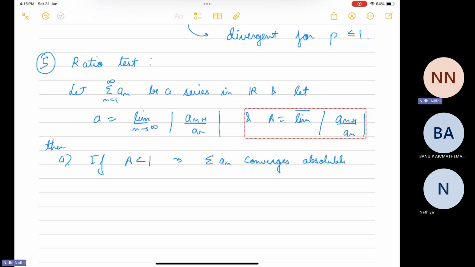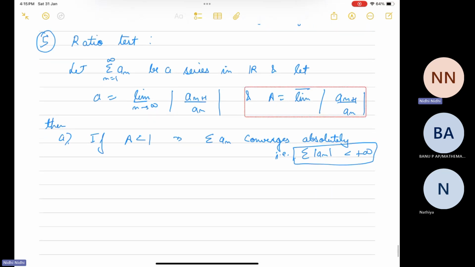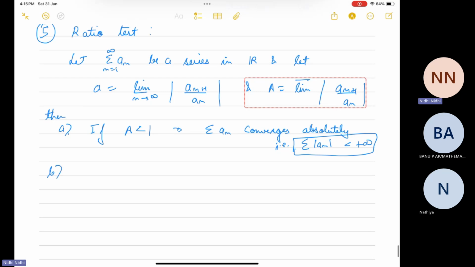Absolutely means summation mod an is convergent. So this is the notation for saying that the series is convergent. Second point says that now if small a is greater than 1, then summation mod an diverges.